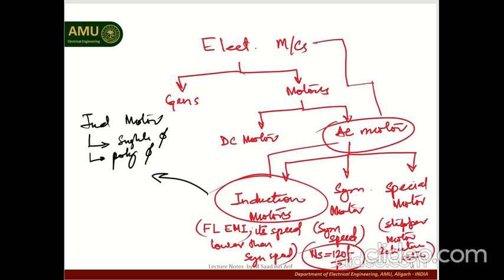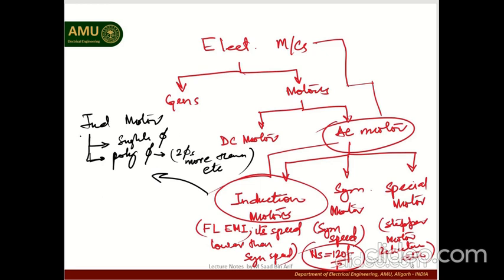As we know, for a motor the input supply is in the form of electrical energy, and electrical energy can be provided by a single phase supply as well as by a polyphase supply. Polyphase supply means it can have two phases or more than two phases, that is, 3 phase, 5 phase, 7 phase, etc. So on the basis of nature of supply, we can categorize induction motor as single phase induction motor and polyphase induction motor.